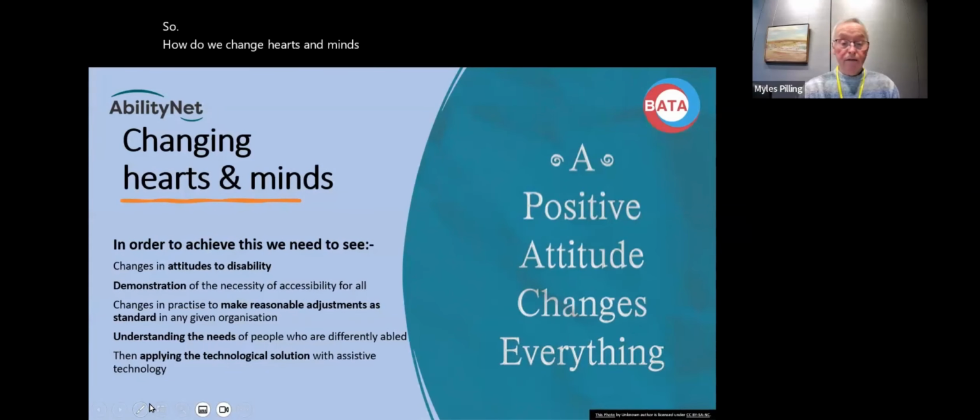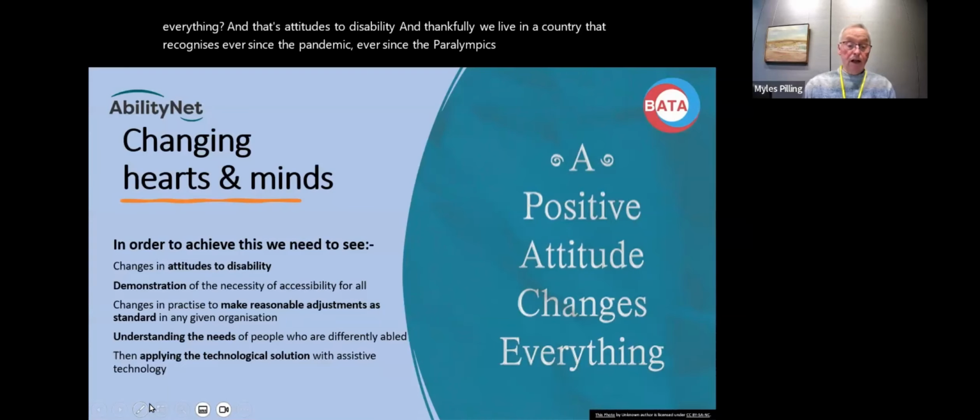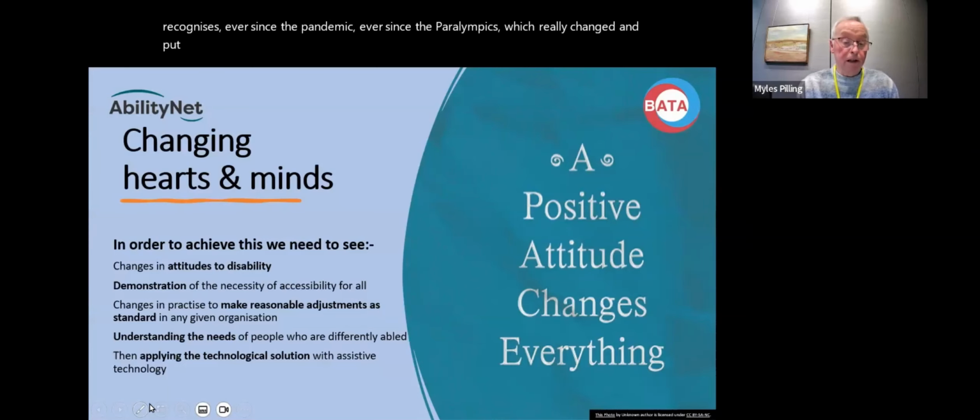So how do we change hearts and minds? How do we get a positive attitude to changing everything? And that's attitudes to disability. And thankfully, we live in a country that recognizes, ever since the pandemic, ever since the Paralympics, which really changed things and put disability in the forefront, people now have an acceptance.